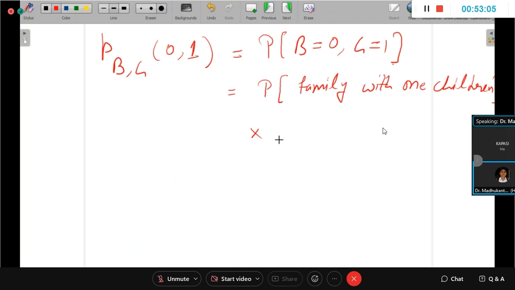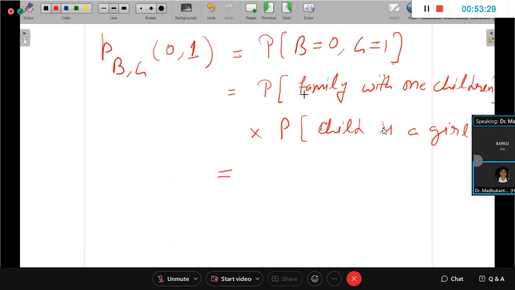The probability that it is a girl, given 1 by 2, because it could be either a boy or a girl. So the probability of the child being a girl, or girl child, whatever you want to write.